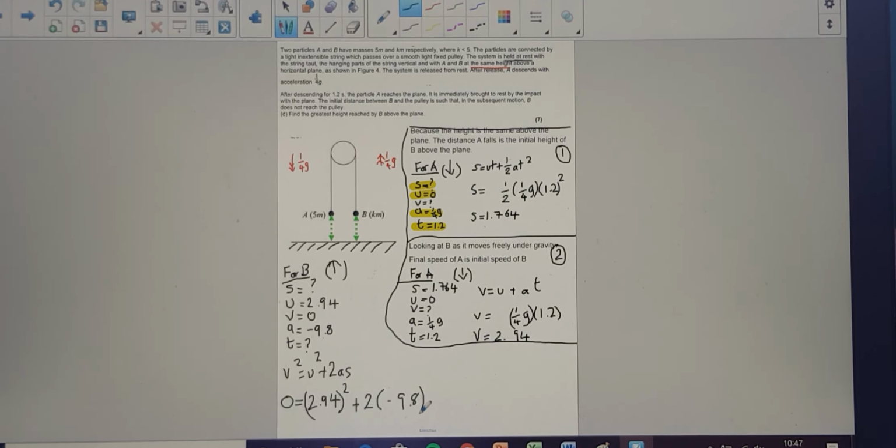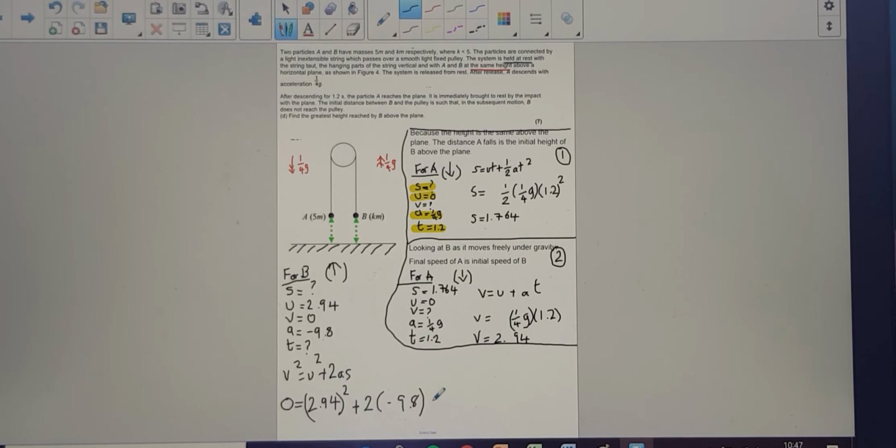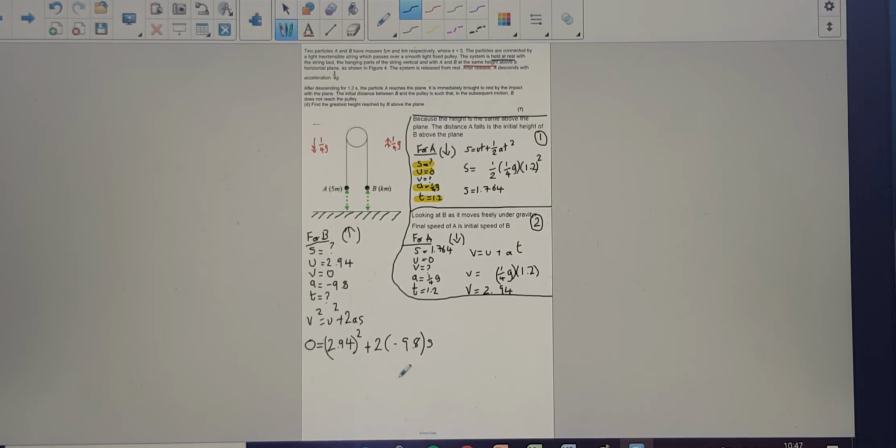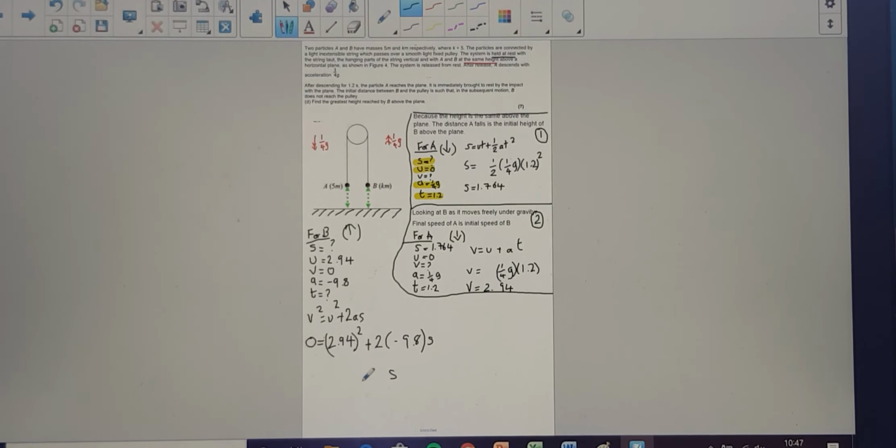If I rearrange to make S the subject, you should have got S equals 0.441. Let's call that part 3.